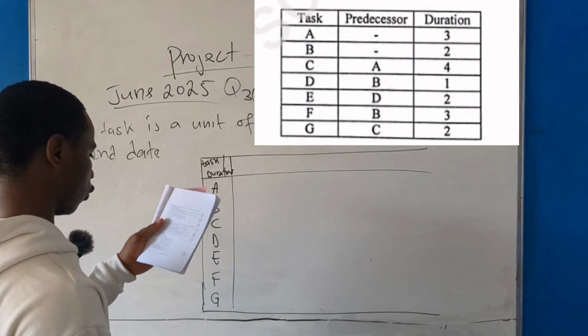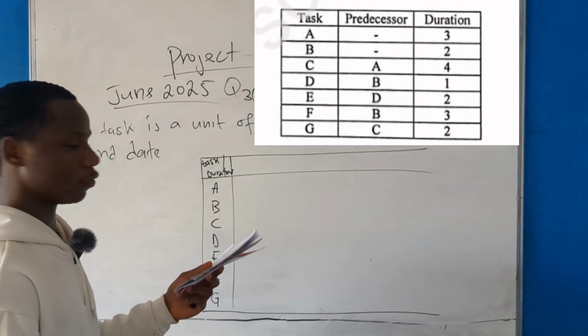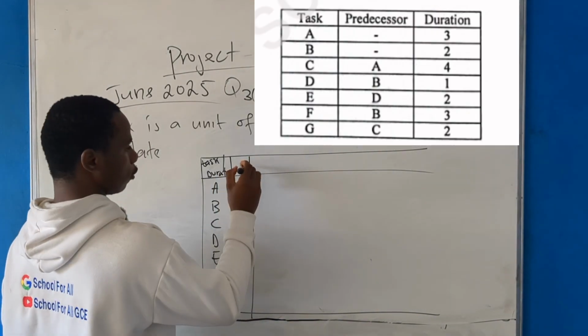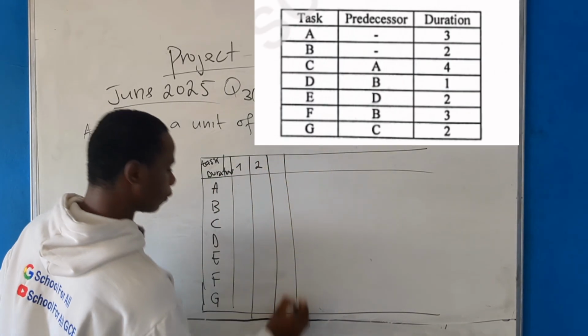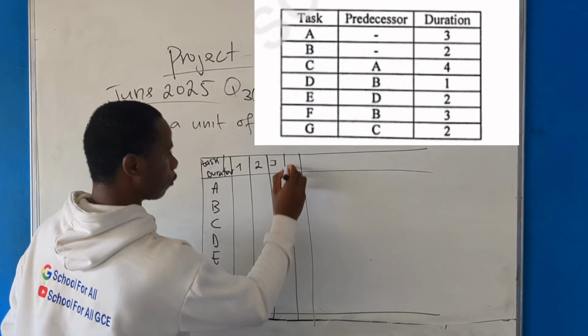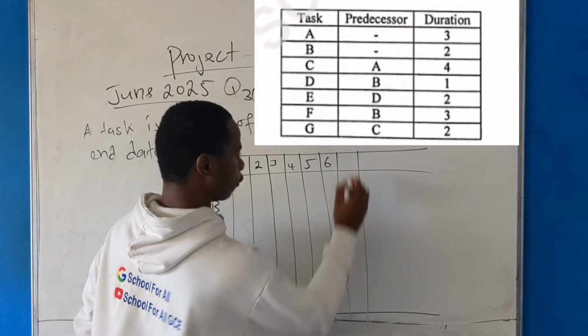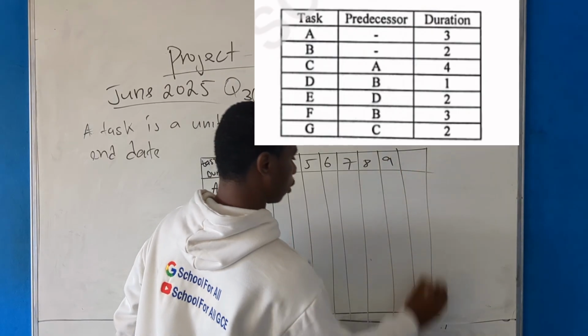Now, concerning the duration, you have seen that here they have not specified whether the duration is in days, weeks, or months. But you don't care about that. So just label by using your numbers like this: 1, 2, like saying day 1, day 2, day 3, 4, 5, 6, 7, 8, 9, 10.